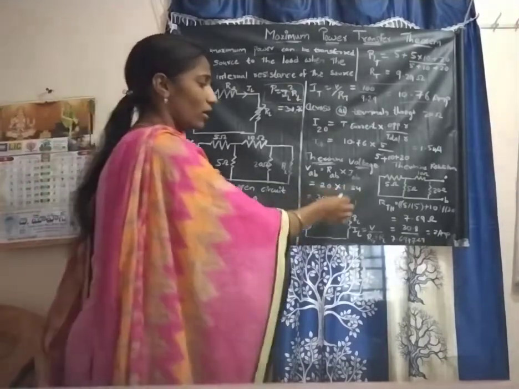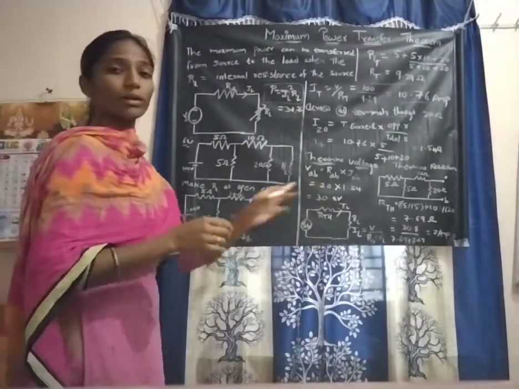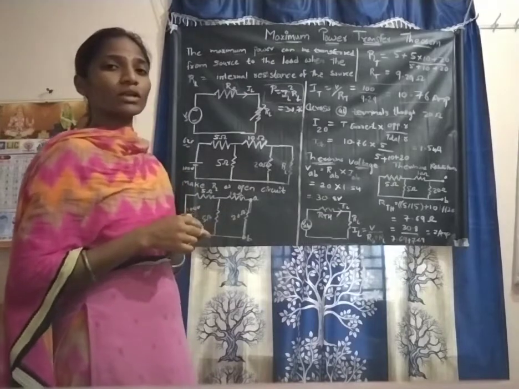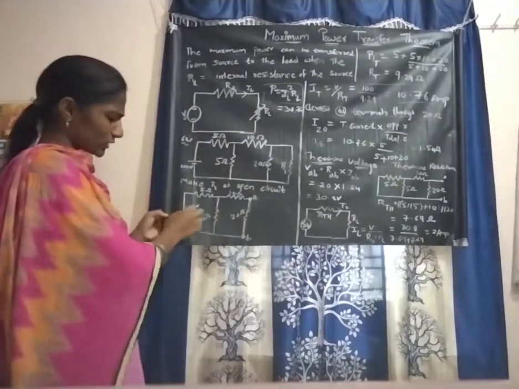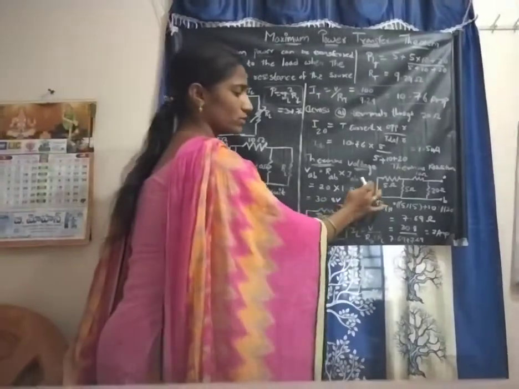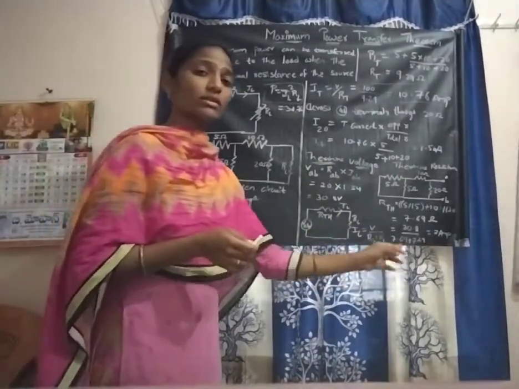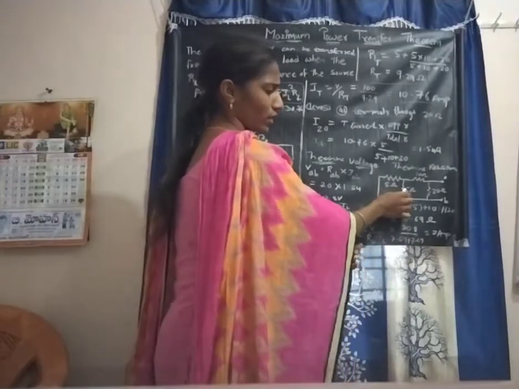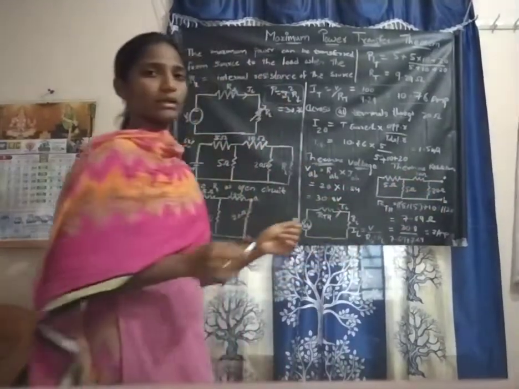Then, to calculate the Thevenin resistance, we remove the voltage source from the circuit. Now we calculate the total resistance: RTH is equal to 5 parallel to 5, in series with 10, and that parallel to 20.